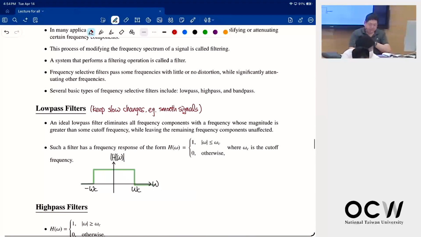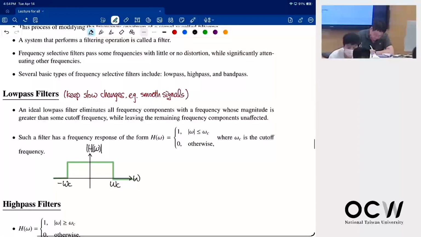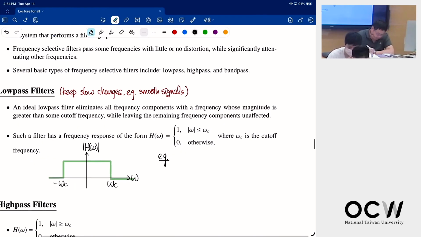For example, now you have a lot of apps on your phone, right? It's called a blur filter.